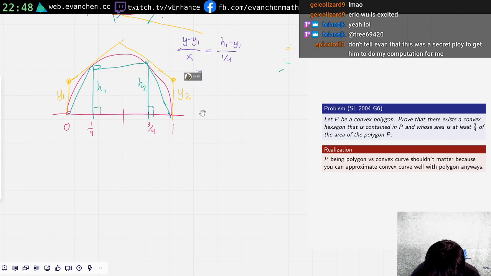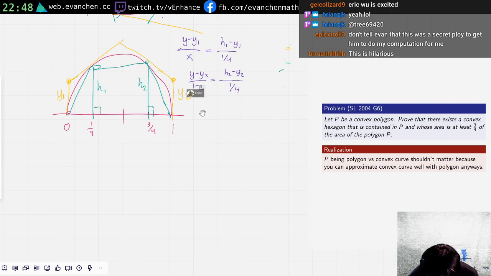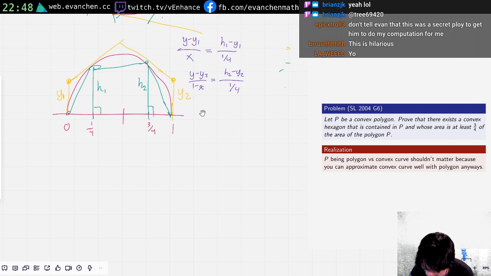Meanwhile, h2 minus y2, so y minus y2 over 1 minus x is equal to that. So I can maybe solve.